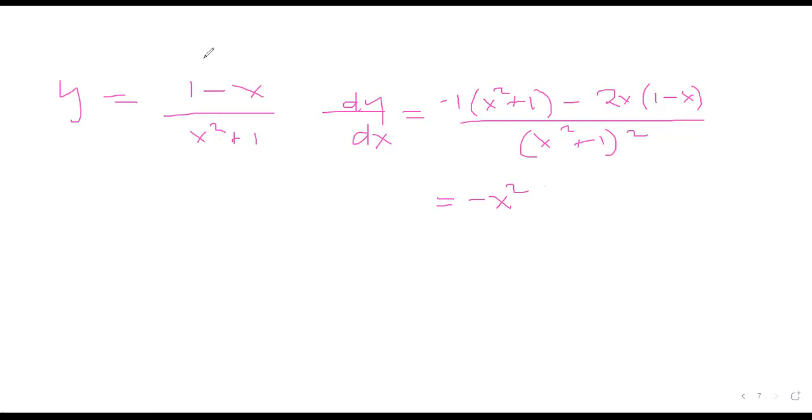Then what are we getting? -1, -2x plus 2x squared.